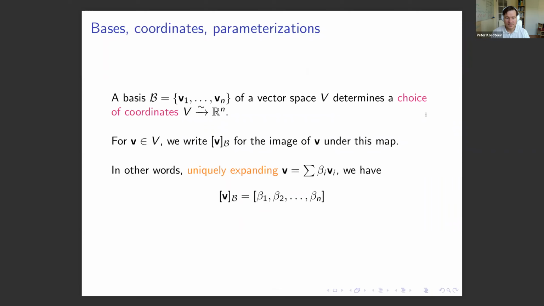So to every vector v, we assign a vector of coefficients, the string of coefficients from the corresponding linear combination over the basis vectors. So if v is equal to the sum of beta_i v_i, then that's how this map works. It just gives you this string of coefficients beta_1 through beta_n.